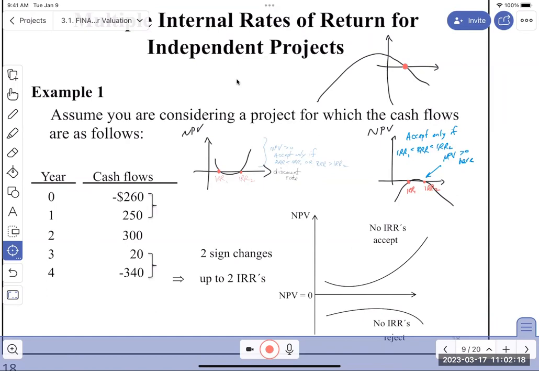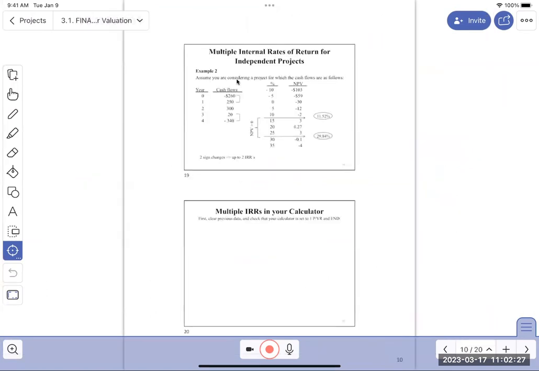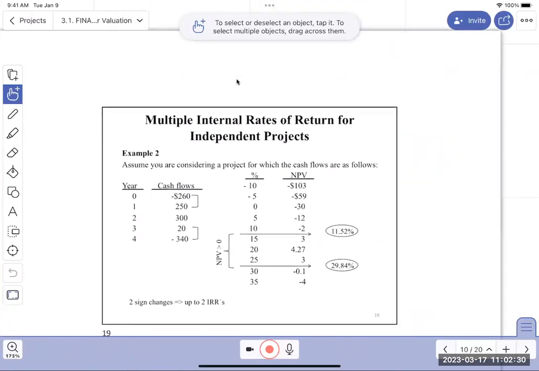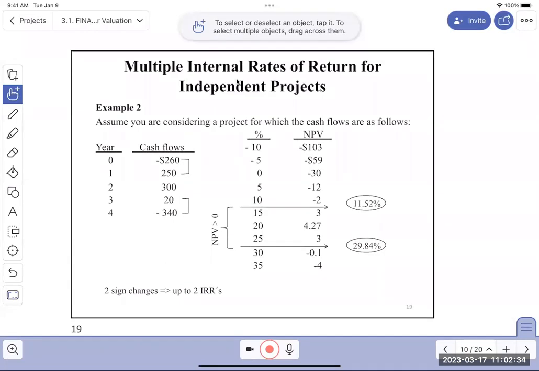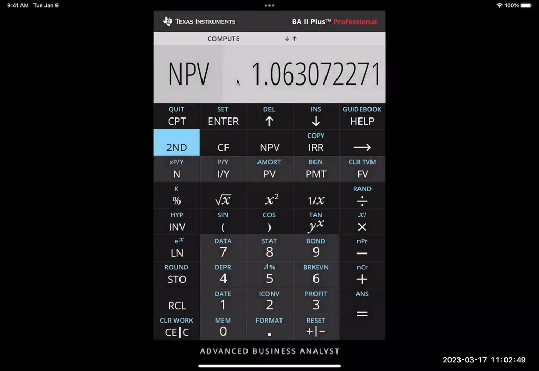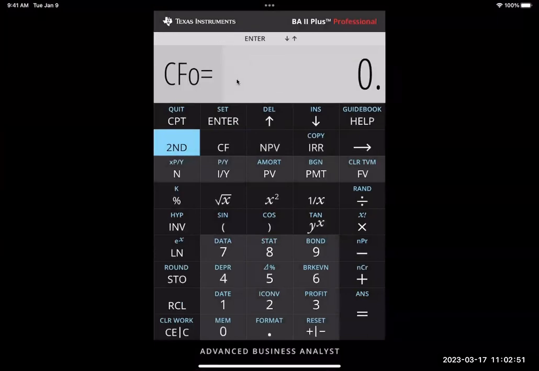Did you get something? It's possible you're getting nothing, like an error. This is the NPV profile for these cash flows. If I enter these into my calculator, I'm going to go to the CF keys and clear.